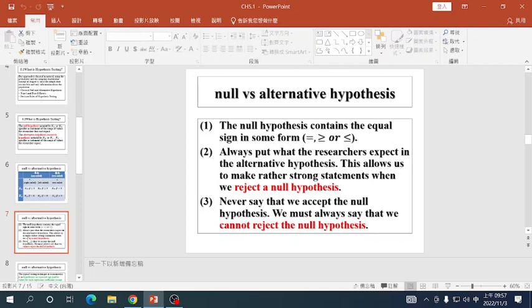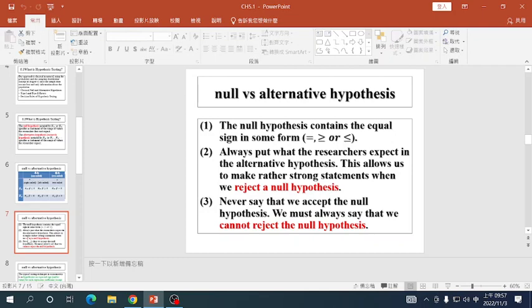Yeah. It's because we put our expectation in the alternative hypothesis. So if we say that we accept the null hypothesis, it means that our expectation is wrong.